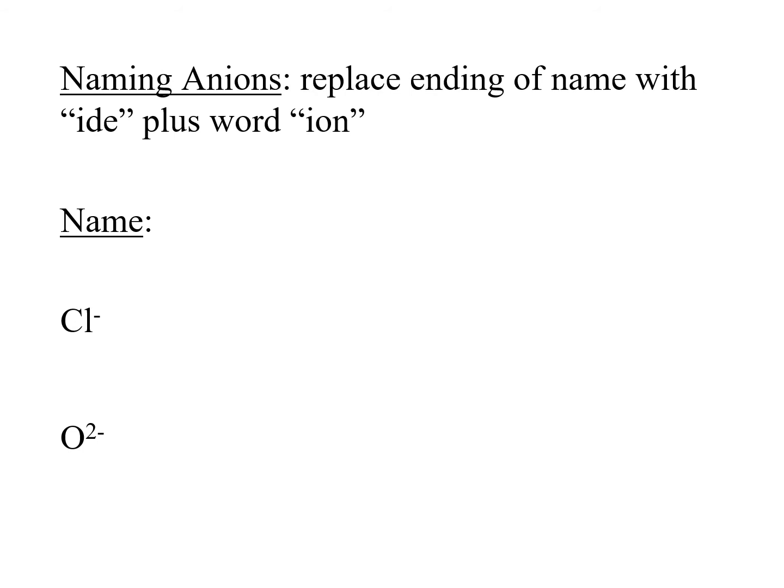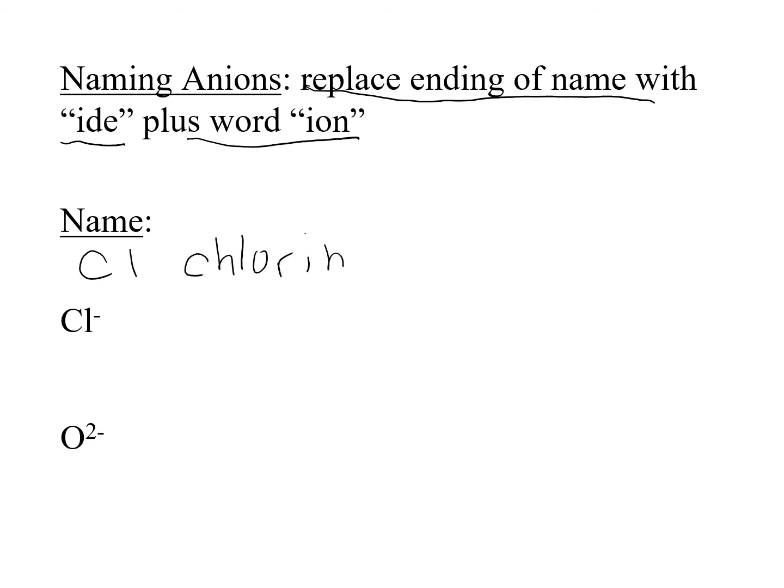To name an anion, you would replace the ending of the element name with "-ide" and then add the word ion. For example, if I had Cl, we know that is named chlorine. So I want to replace the ending, I-N-E.